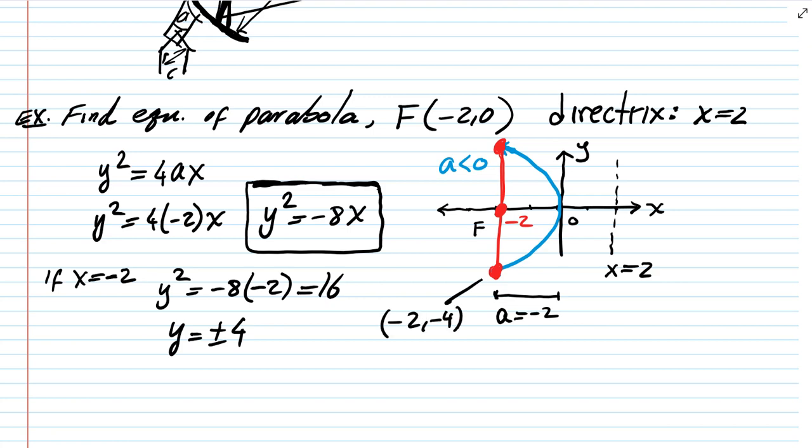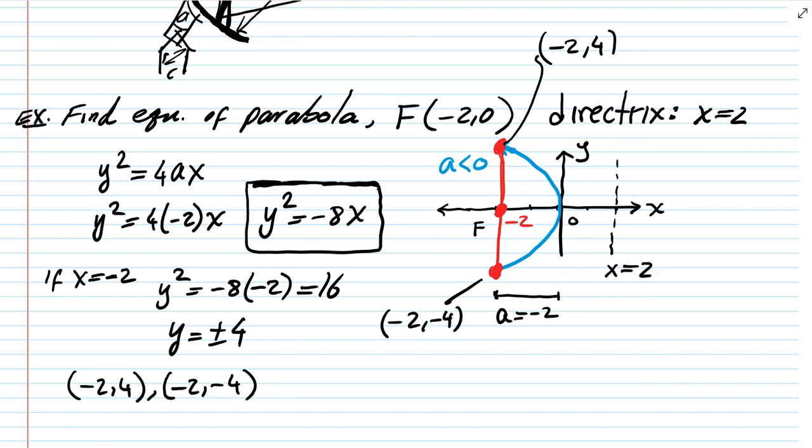Both x and y will be negative. And this other point, the one on top, is going to be at (-2, 4). So the answer to 2 points that define the latus rectum would be (-2, 4) and (-2, -4).